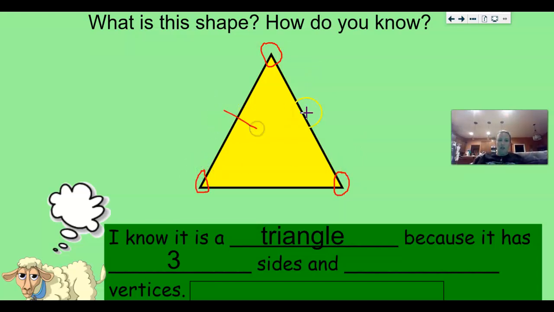So it has 1, 2, 3 sides and 1, 2, 3 vertices. That's how we know it is a triangle. I'm going to copy this number and I'm going to paste it right over here. Let's read our whole sentence. I know it is a triangle because it has 3 sides and 3 vertices.